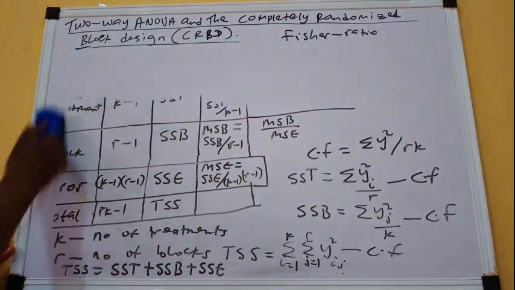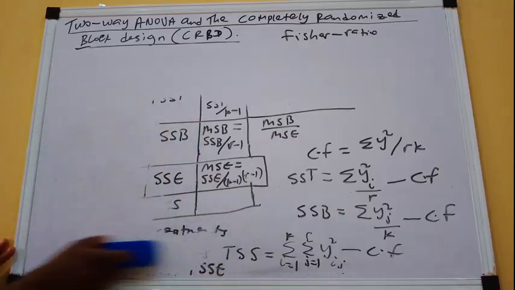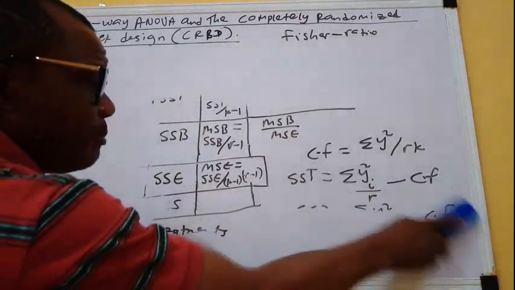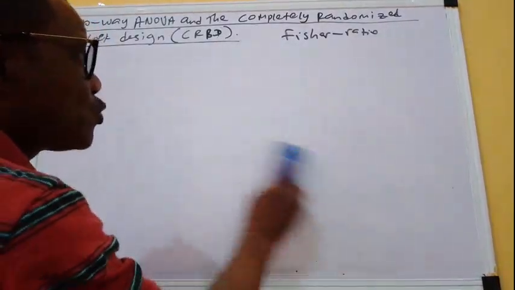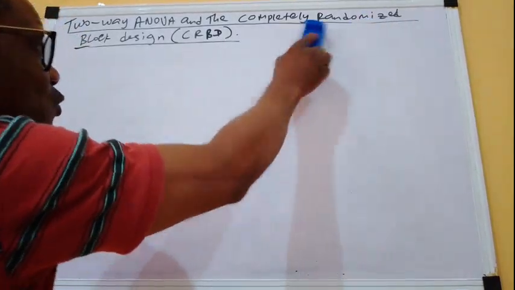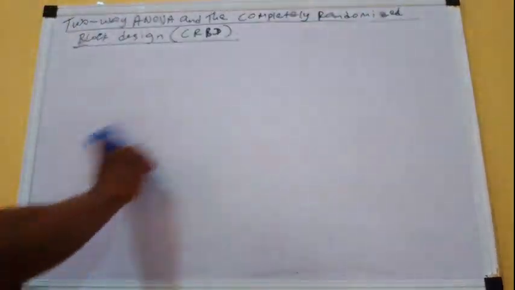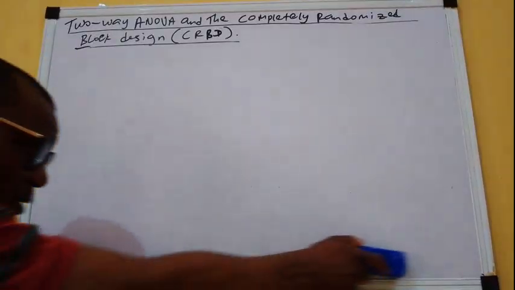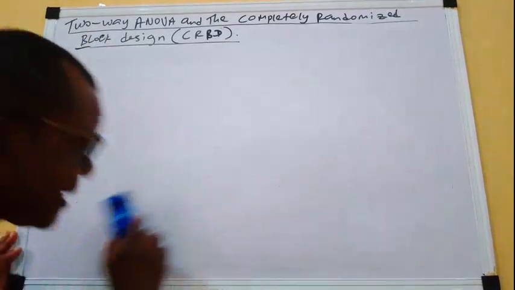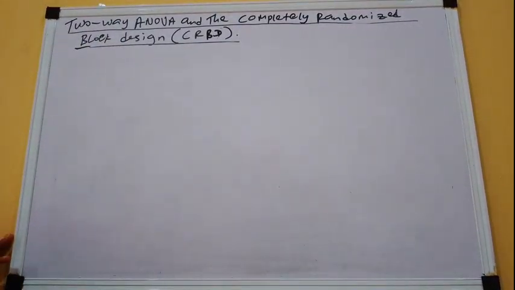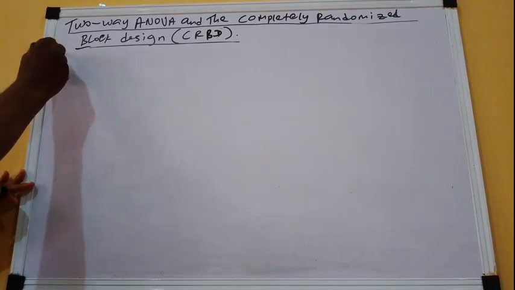We are going to be applying it the way it is when we pick up an example to solve a real life problem using the two-way. So you will know why it's a two-way, because two factors that are categorical are involved. And what makes it a parametric test is that the responses of these two factors are numerical. So permit me now to go straight to the example.